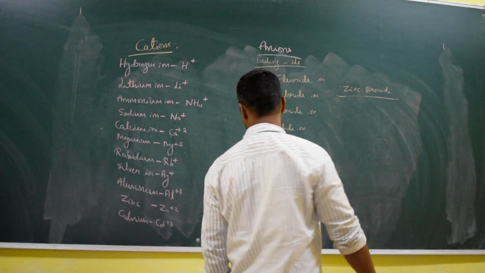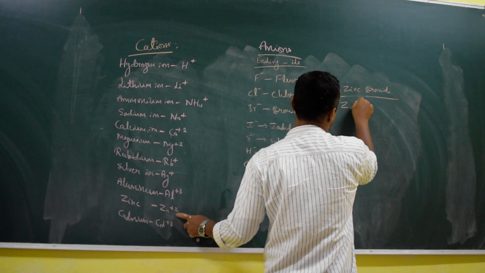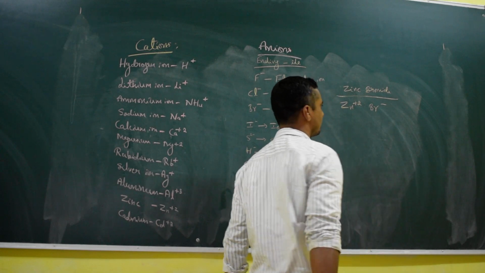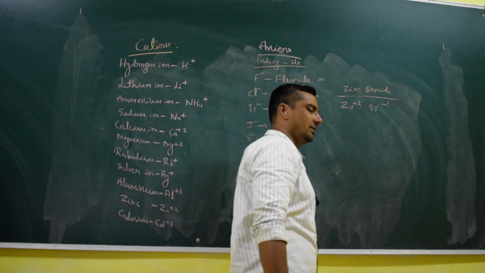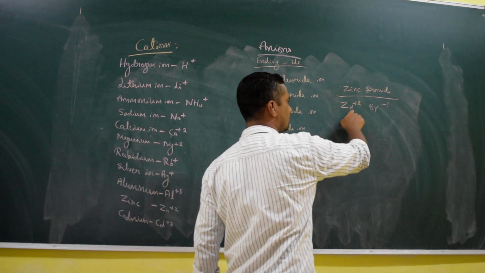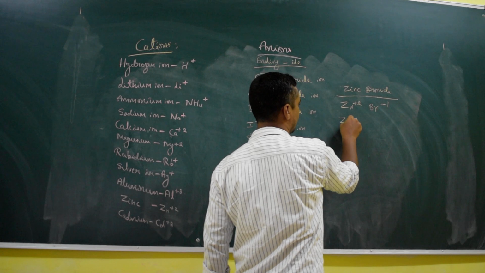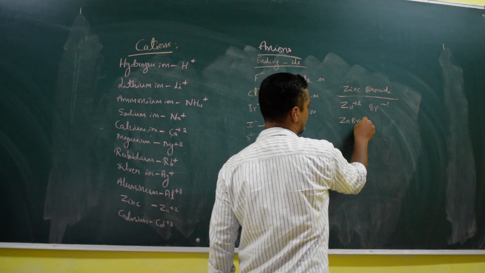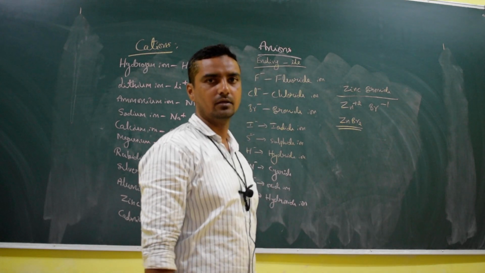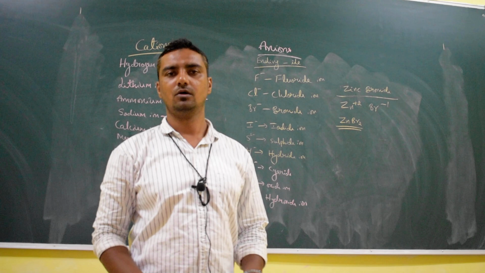Zinc is Zn+2, and bromide is Br minus. The minus indicates -1 only. So this 1 is shifted to the zinc, and this 2 is shifted to the bromide. Then it becomes ZnBr2, zinc bromide. So this is a simple method, and with it we can easily write the formula.